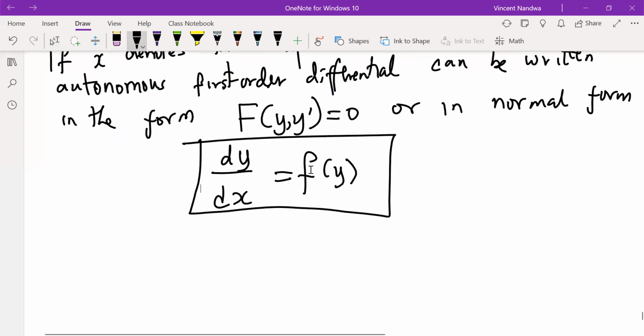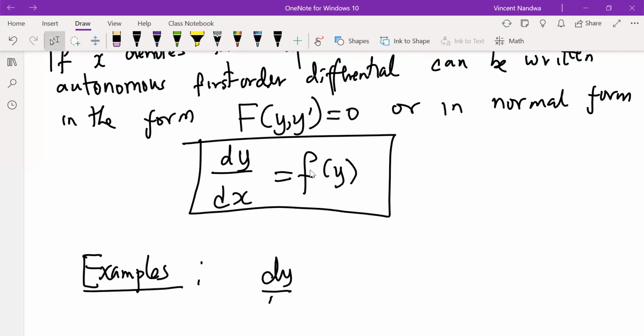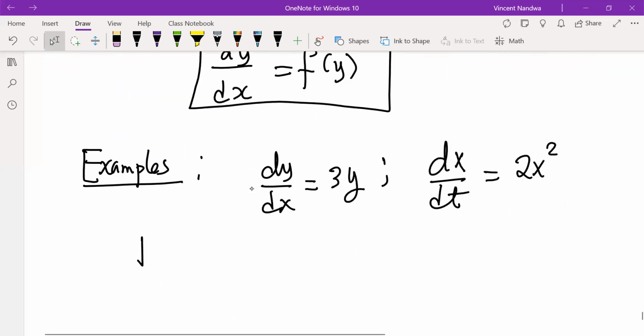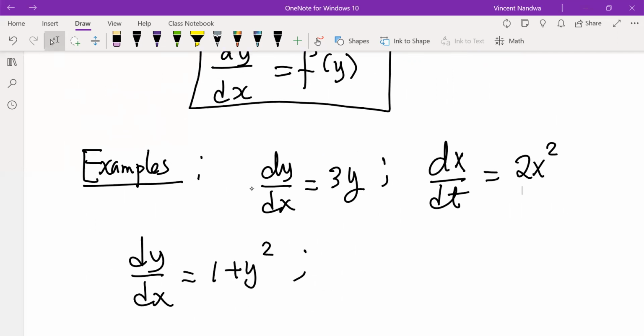So examples: if we have dy/dx equals 3y, say dx/dt equals 2x squared, say dy/dx equals 1 plus y squared, dx/dt equals sine x, etc., these are autonomous.